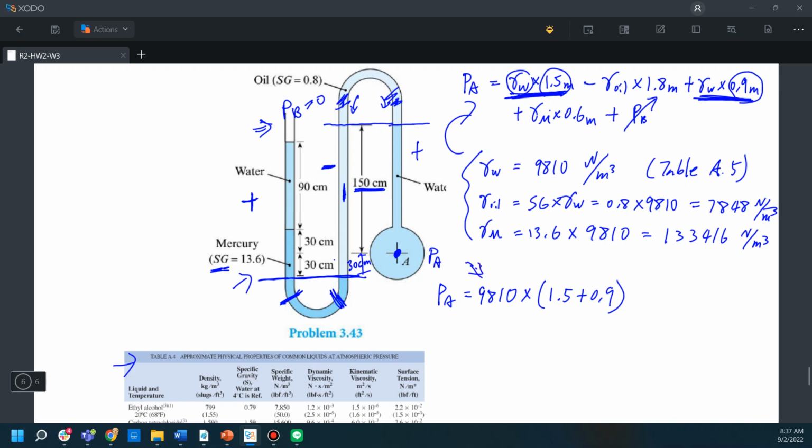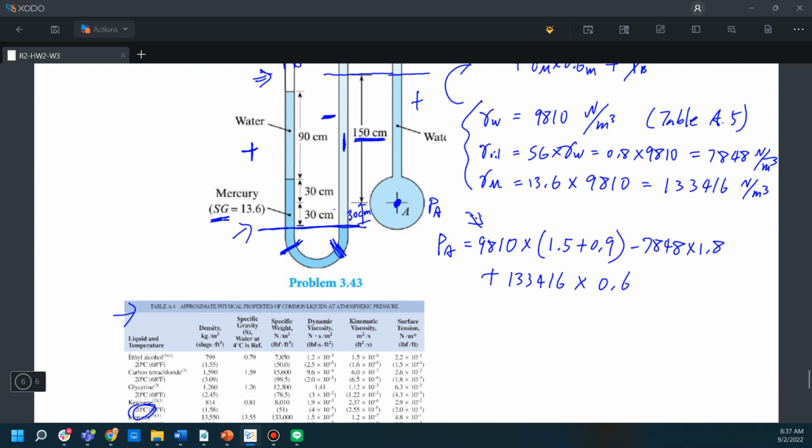Okay. Then move to the second term. Minus oil, 7848 times 1.8. Then the last term, mercury, 133416 times 0.6. Okay. Then again, we will utilize our calculator.